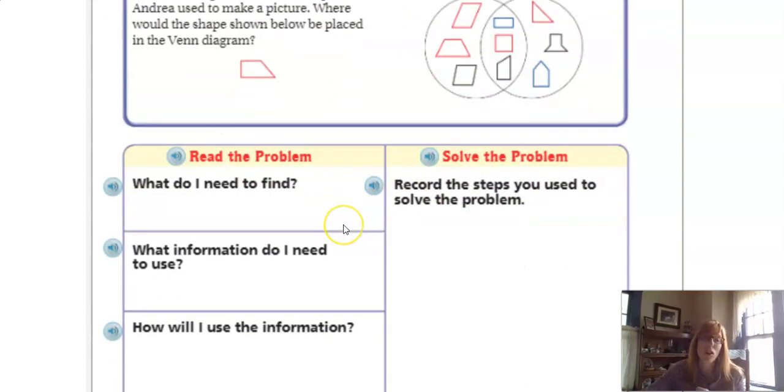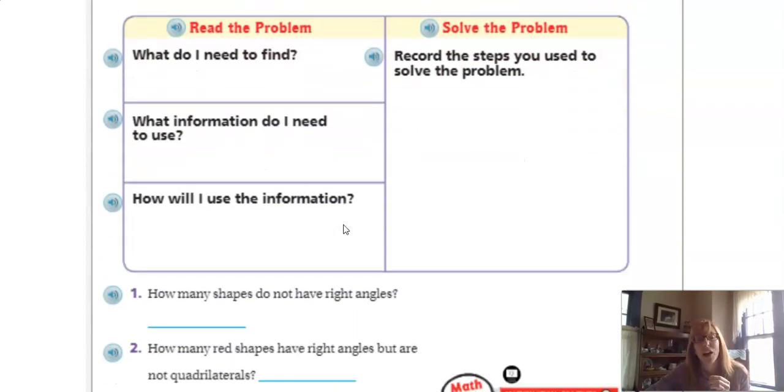All right, so to figure that out, what did you need to find? Well, you need to find out where it would be placed in the Venn diagram. What information do I need to use? We talked about that. It has to be a quadrilateral and it has to have a right angle. How do you use the information? Well, you know you're looking for a 2-dimensional shape and you're looking for where you would place it.